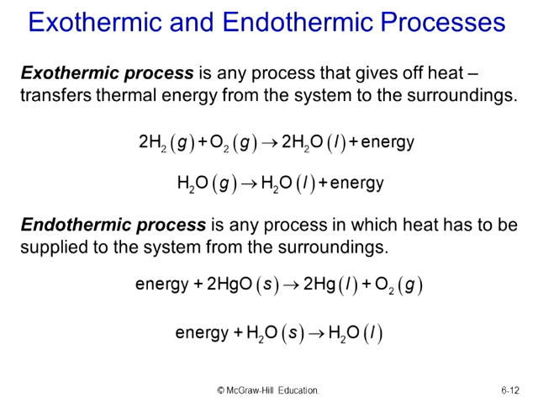Note also that this equation is balanced. The energy from this reaction is written on the right side because it is released. Exothermic energy is written on the right side. The first equation shows you how we form water from these two diatomics, and the equation is balanced.